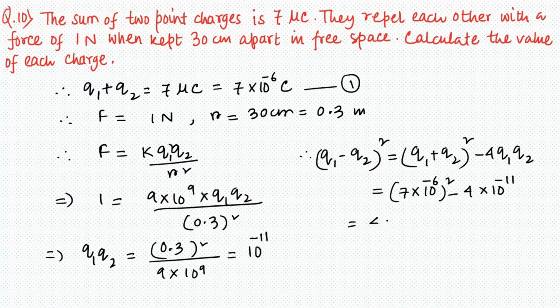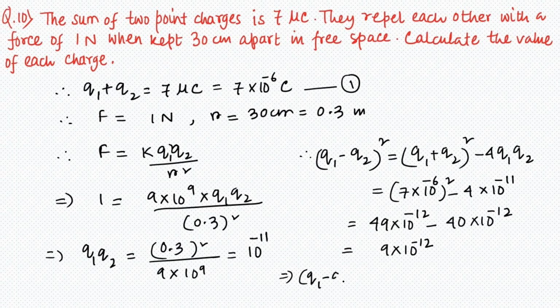So this is 49 into 10 to the power minus 12 minus 40 into 10 to the power minus 12. So this would be 9 into 10 to the power minus 12. So from here Q1 minus Q2 would be the square root of 9 into 10 to the power minus 12, which is equal to 3 into 10 to the power minus 6.